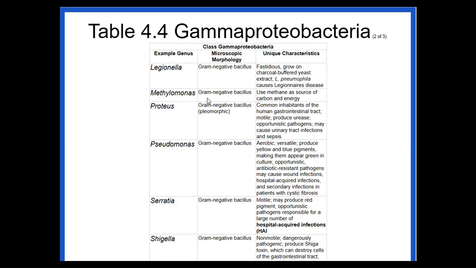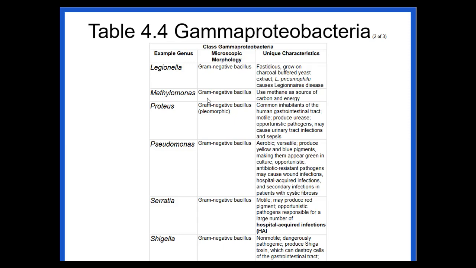Methylomonas uses methane as a source of carbon and energy. Ginagamit niya yung methane as energy source. Proteus, inhabitants of the human gastrointestinal tract. It's motile and produces urease. It is also one of the opportunistic pathogens and can cause urinary tract infection.